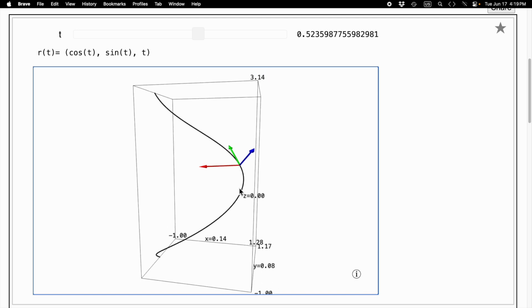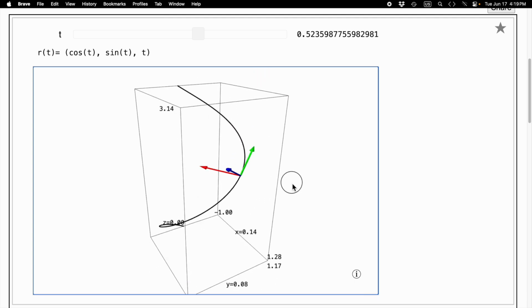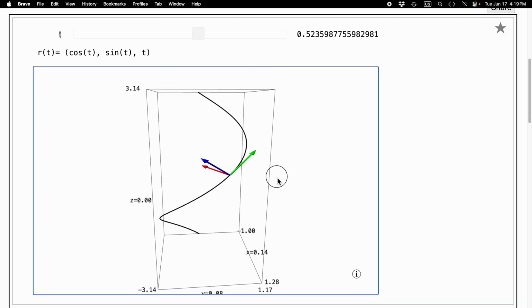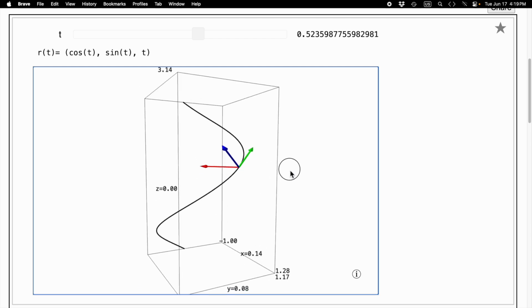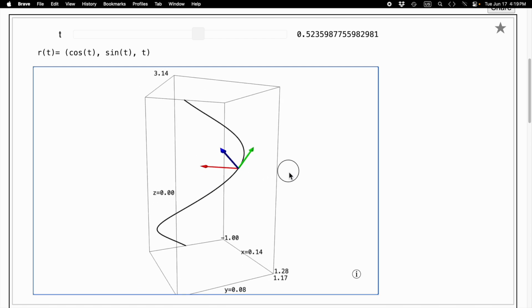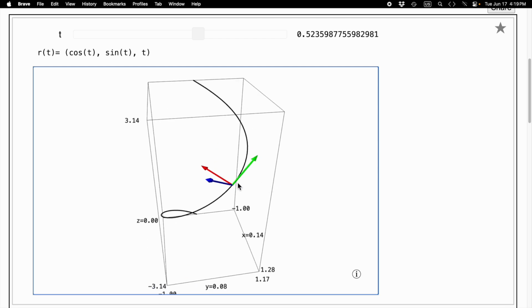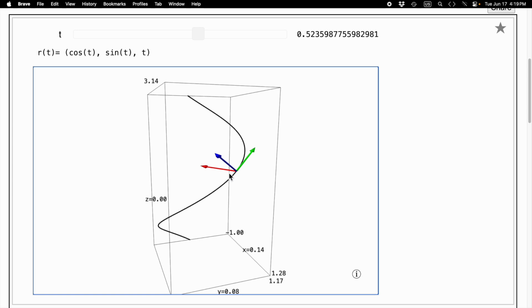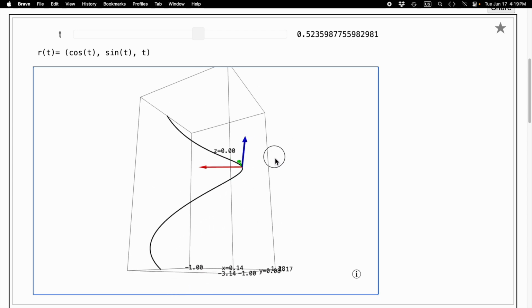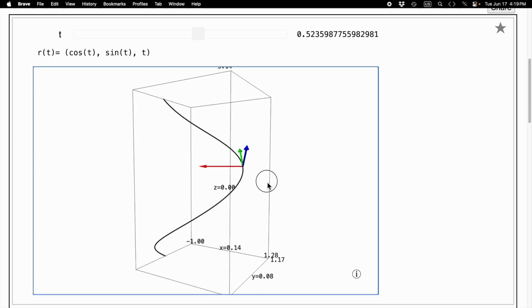And at this particular parameter t, we have represented here the three vectors of the Frenet frame. These vectors are in green, the tangent vector, in red the normal vector, and in blue we have the binormal vector.